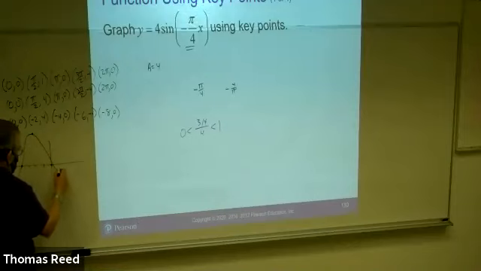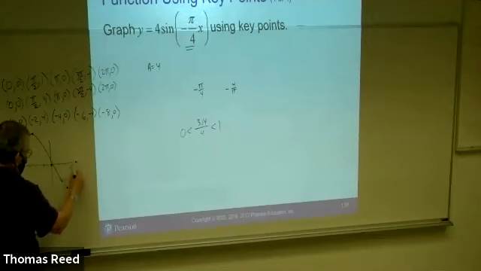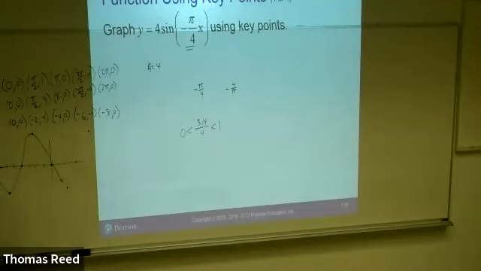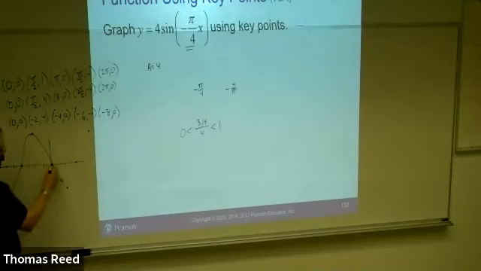At 1, 2, it's going to be at 0, at -1. And at 4, it's going to be at 0. And at 6, it's going to be at 4. Because now it's symmetric with respect to the origin. Sine is symmetric with respect to the origin.